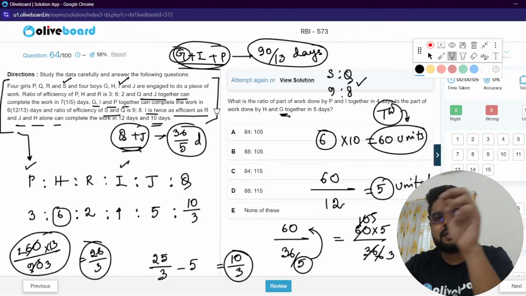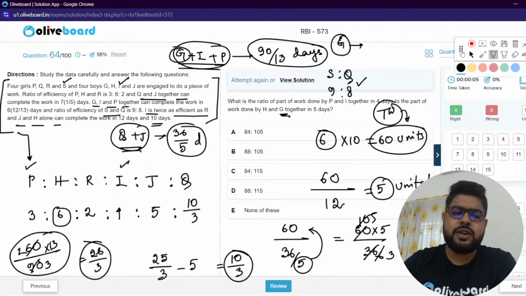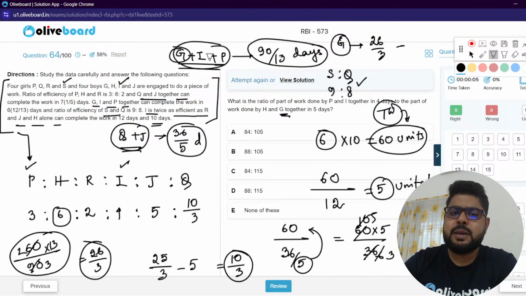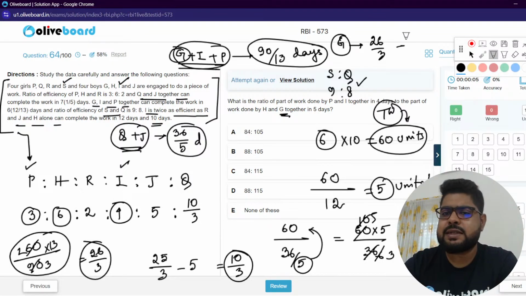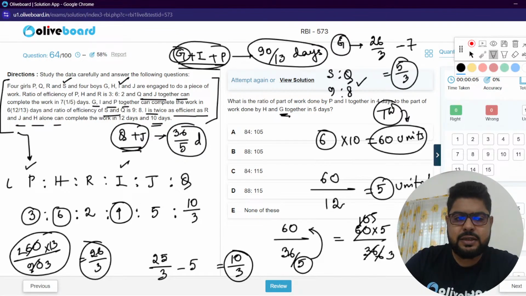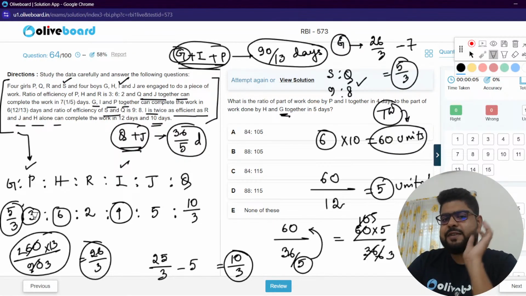This is G plus I plus P. So G will be how much, sir? G is going to be 26 by 3 minus P plus I. P is 3, I is 4, meaning 7. So 3 sevens are 21, meaning 5 by 3. So G is, I'm just writing here, 5 by 3. That's the efficiency.